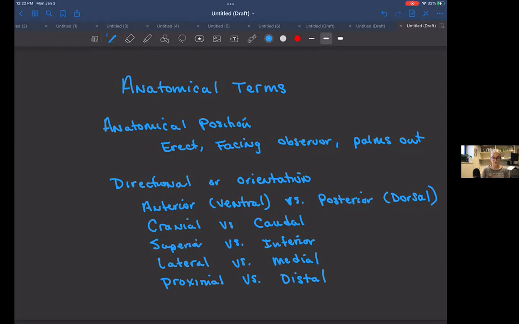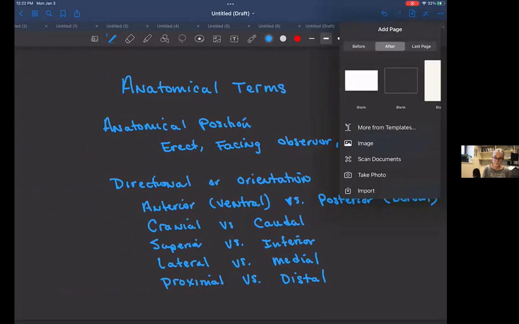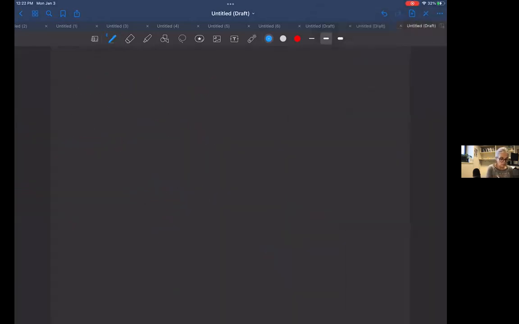Now, we also have what is referred to as regional terminology. And this regional terminology is actually very useful in a medical setting because these tend to be what are used to describe structures even in a given particular area of your body.